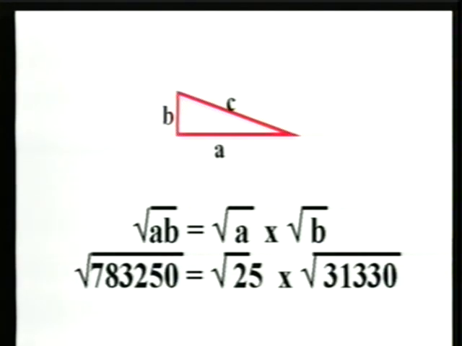The perfect square factor we came up with was 25, because we know that 25 times 31,330 equals the 783,250. This is how we use the multiplication property of square roots. If we would enter the numbers, the square root of 25 being 5 times the square root of 31,330 in a graphing calculator, we would end up with a number that would be approximately 885.